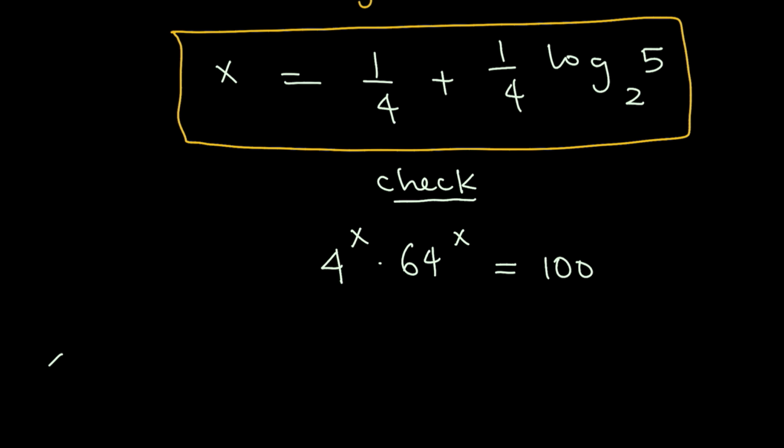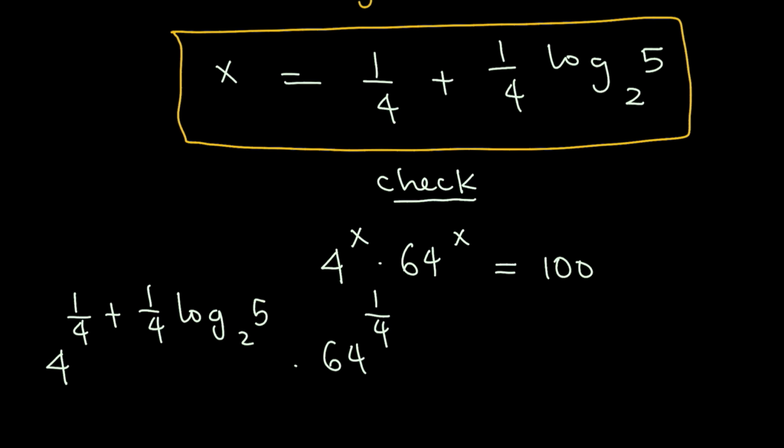So this is 4 raised to power 1 over 4 plus 1 over 4 log 5 base 2 times 64 raised to power 1 over 4 plus 1 over 4 log 5 base 2 is equal to 100.